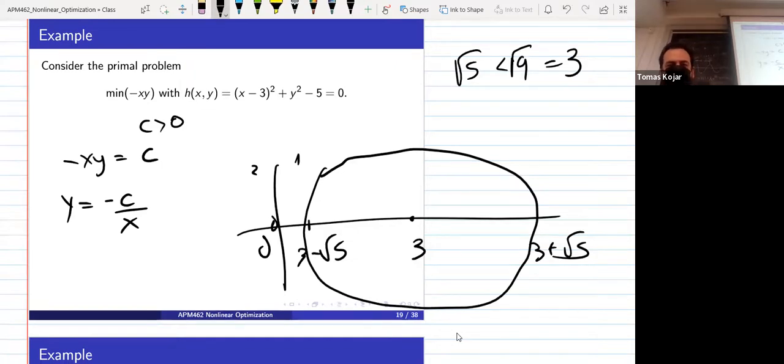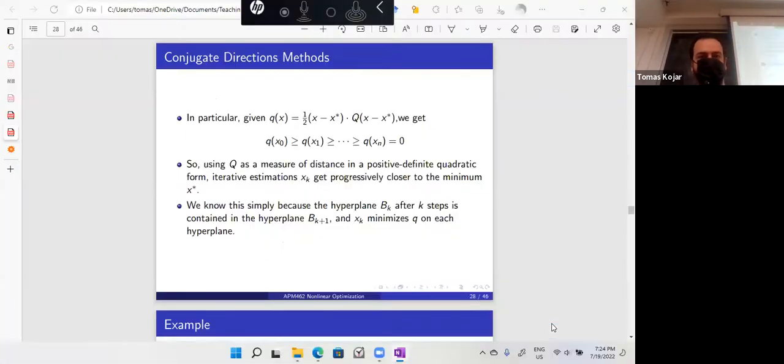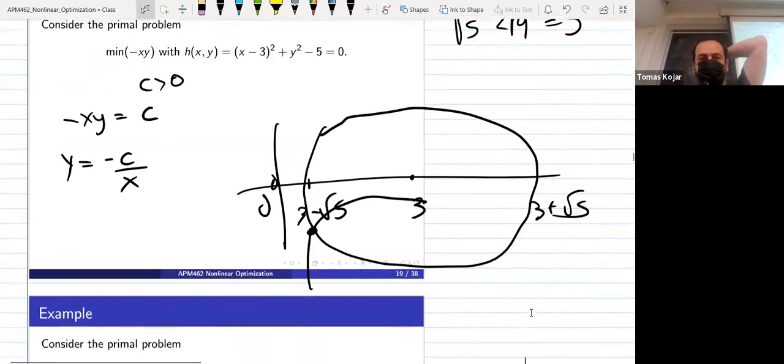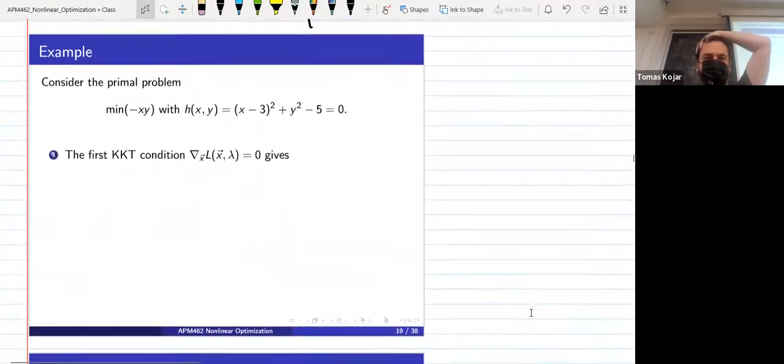It also depends on what C is. So this is a mess. When C is positive, you get this. You just have the intersection. That would be the minimizer. But anyways, let's do some.